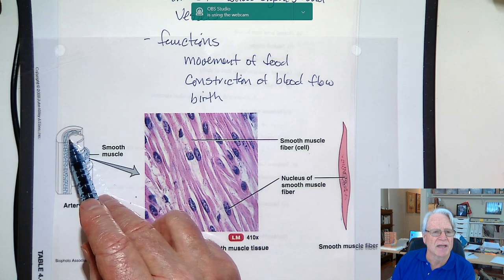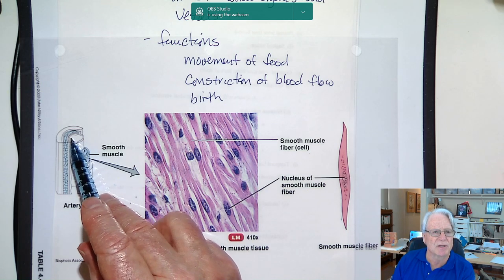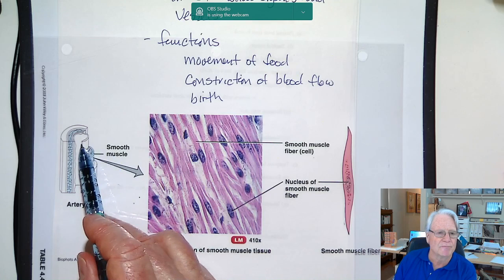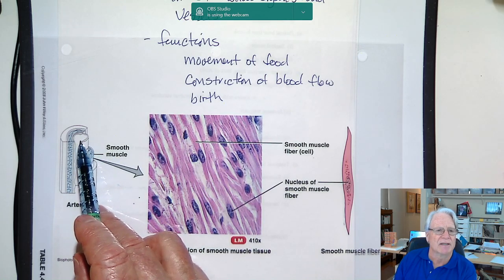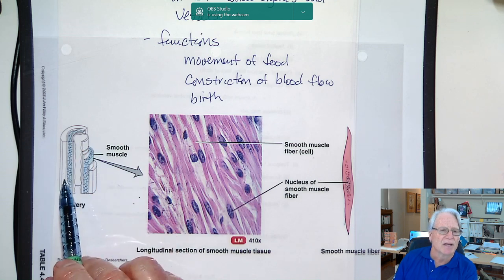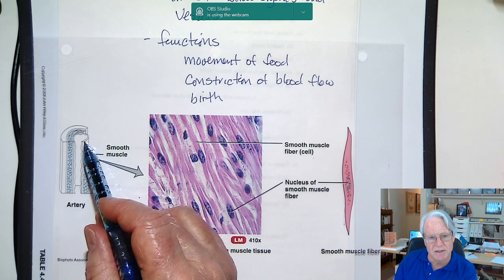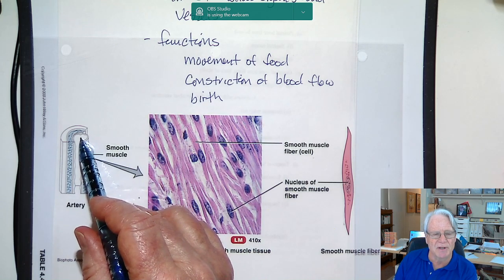By doing that, by restricting the size of the lumen, you can get 2 different functions out of that. Number 1, you increase blood pressure. So if blood pressure is dropping, for example, one of the reactions that will happen is certain arteries in your body will constrict, thus increasing blood pressure. Another function you get out of constricting the diameter of an artery is you can redirect blood flow.